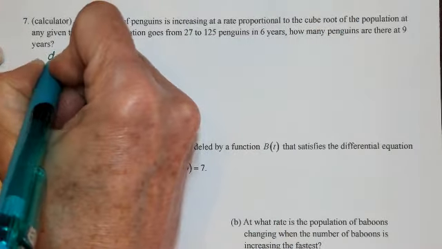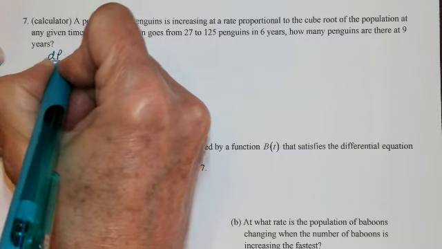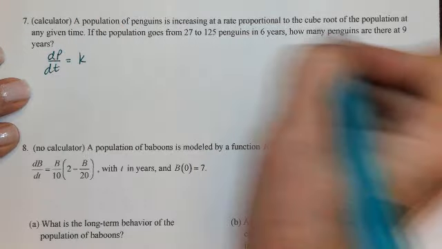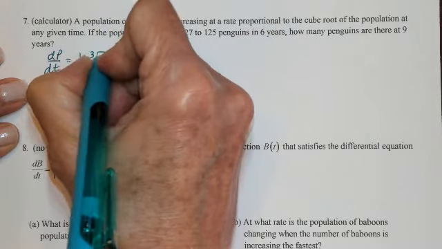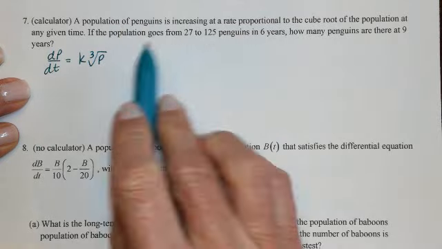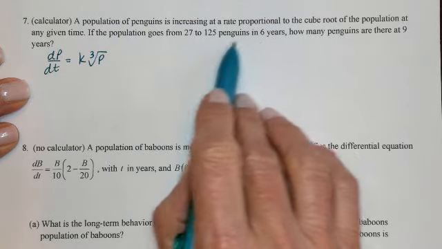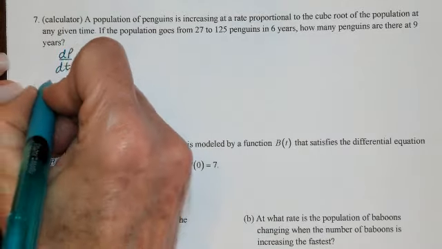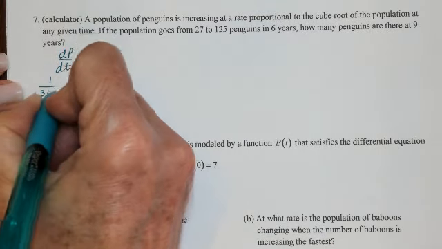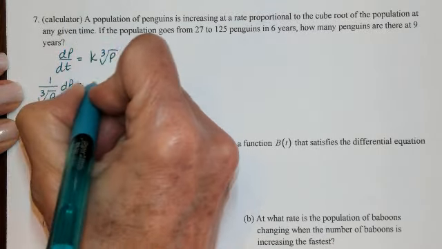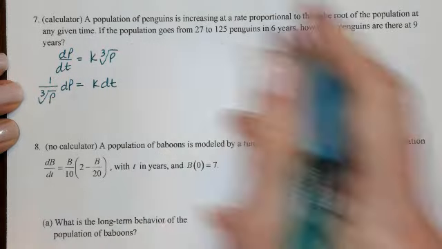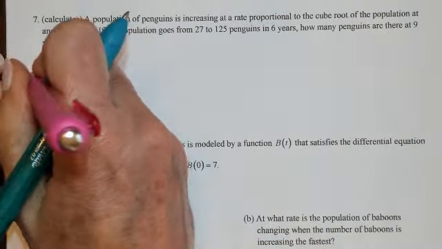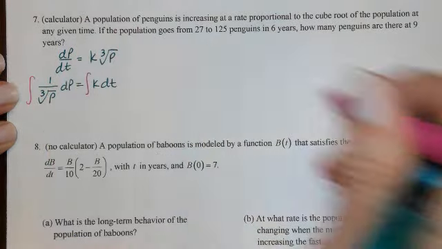That's going to be our differential equation. And now we're going to solve it using the next information, right? That's how we did these. So I'm going to divide both sides by the cube root of p and multiply dt on both sides and then integrate.